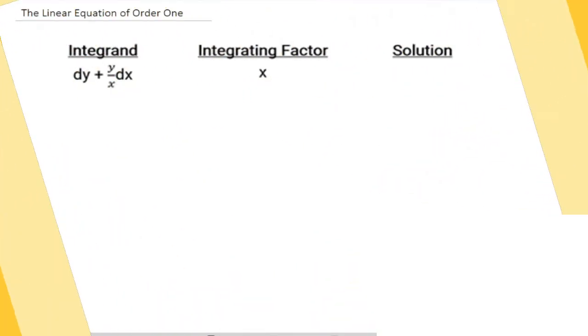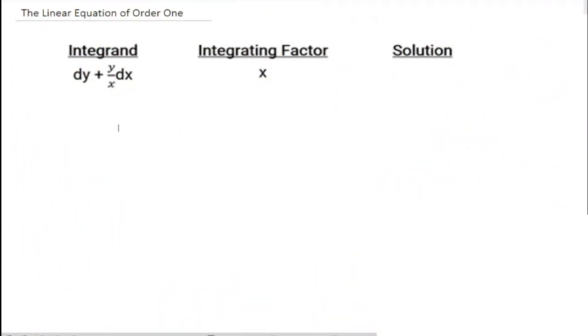In our previous lesson, we found that solving exact differential equation is very easy, right? And do you know that we can convert an integrand into an exact differential equation? We can do this by multiplying the integrand by a certain factor, which is known as an integrating factor.